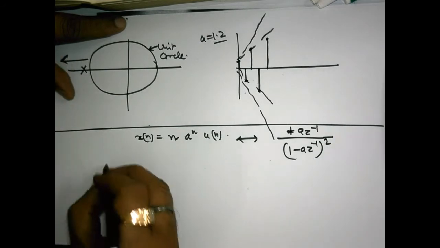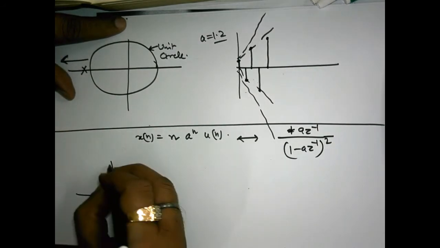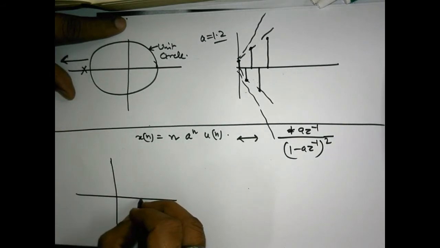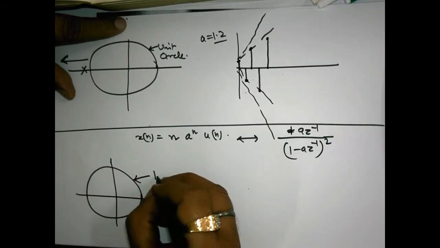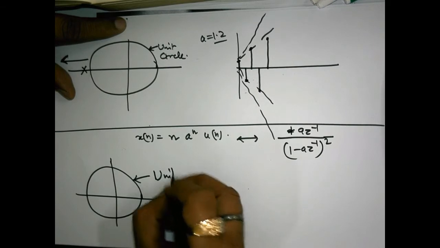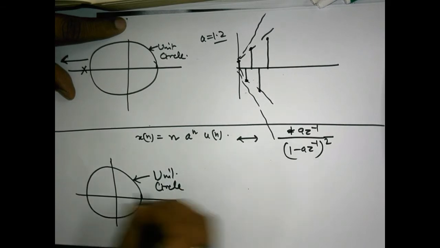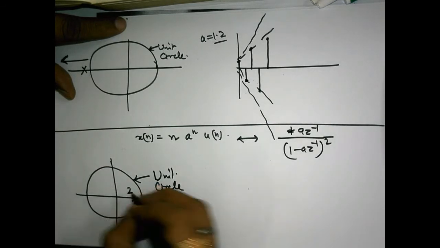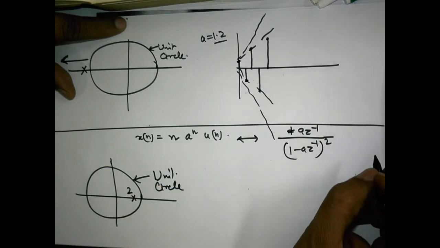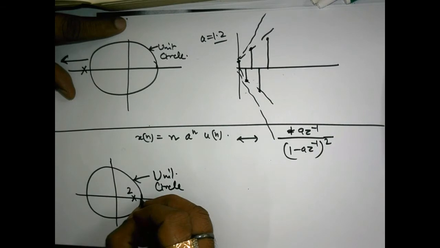Suppose this is the unit circle, and it has two real poles, the multiplicity of this pole being 2, located just inside the unit circle.